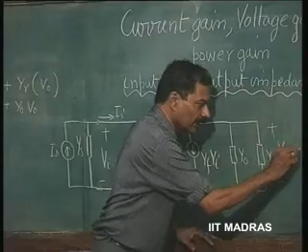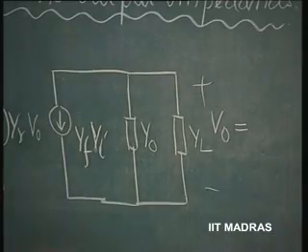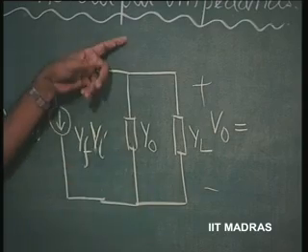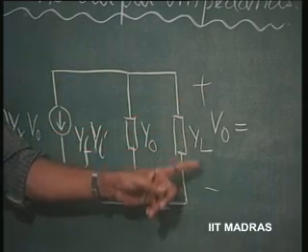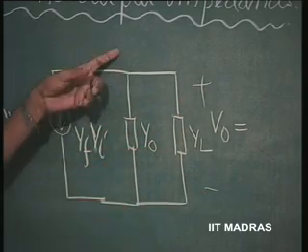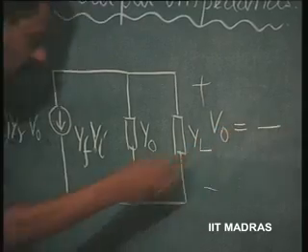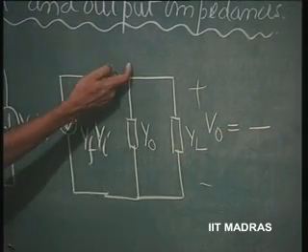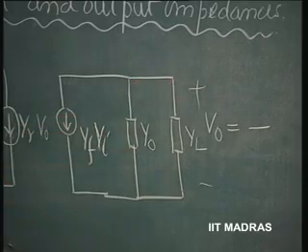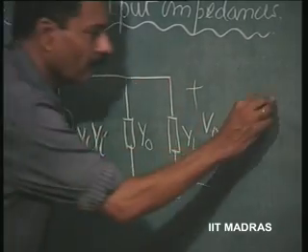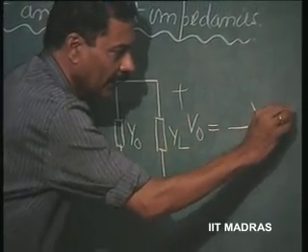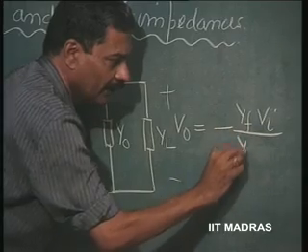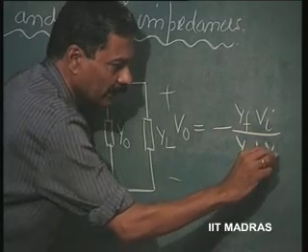V naught is going to be therefore equal to, this current is going to flow in this direction. Whereas I have put V naught plus here and minus here. Therefore, there is a negative sign because this current is assumed to be flowing this way. So, V naught is minus of Yf into Vi current divided by Y naught plus YL.